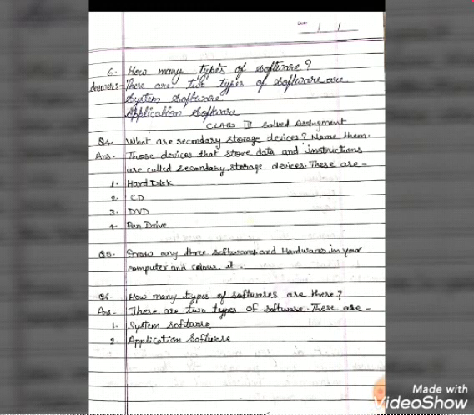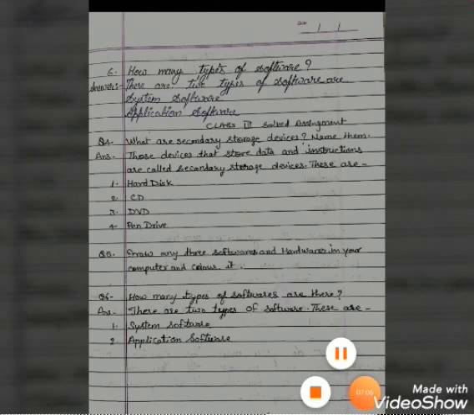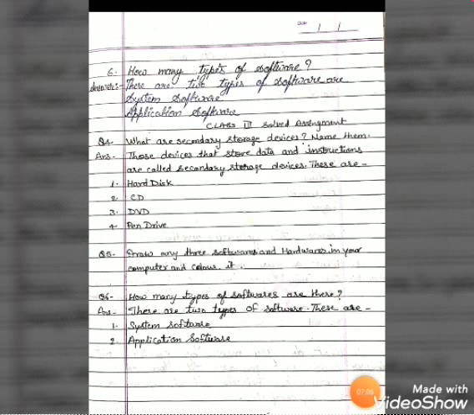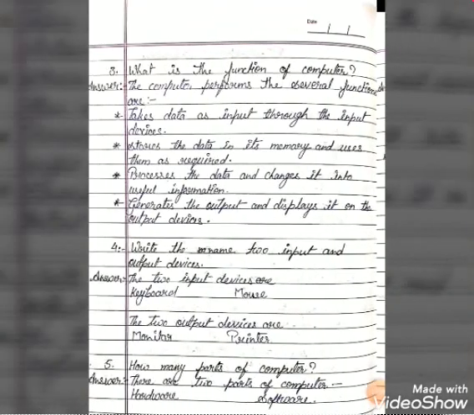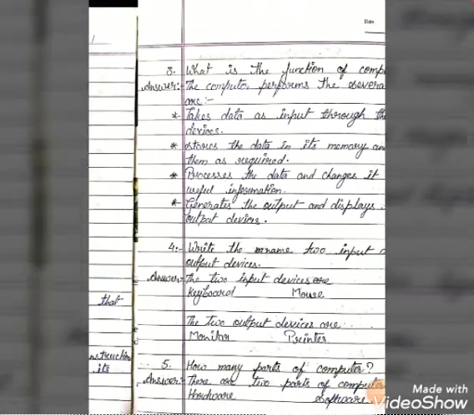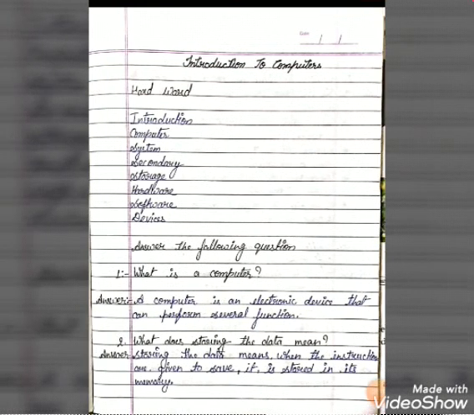Here you can see, my dear students, we have solved the questions and answers which I gave you. What is a computer? A computer is an electronic device that can perform several functions. And the second question is, what does storing the data mean? Storing the data means when the instruction is given to save, it is stored in its memory.